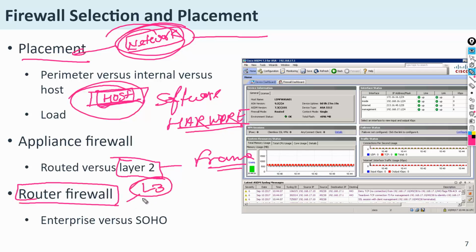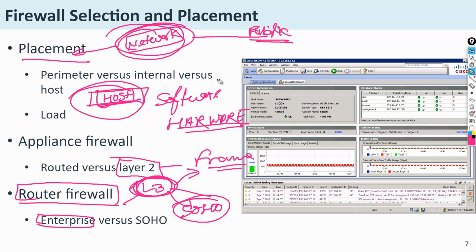Most of the time, layer 3 is used in enterprises as well as in SOHO networks, small office or home office networks. Enterprises use it to differentiate between the public area and the private area, and a SOHO firewall works similarly to an enterprise one.